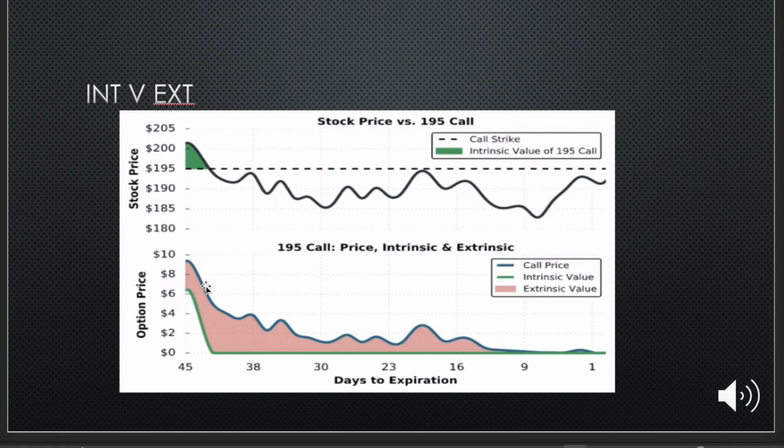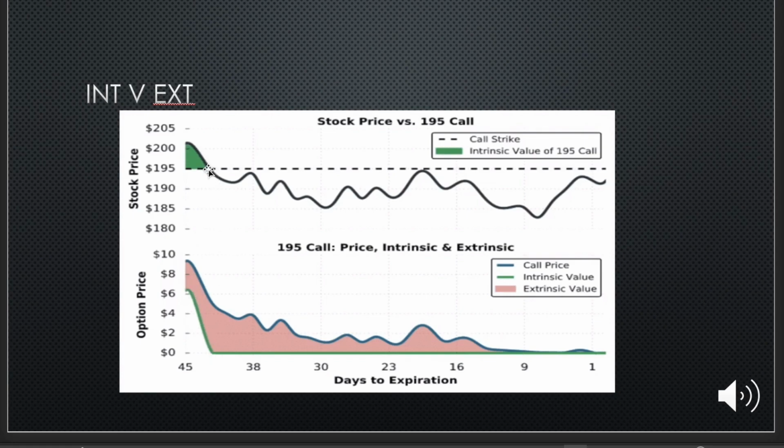And as time goes by, time is basically ticking down, as well as extrinsic value, because all of that uncertainty gets basically sucked out of the market. But as you can see, in this case, because the intrinsic value drops from 201 to 195, look at how quickly this value drops, goes to 0, right?